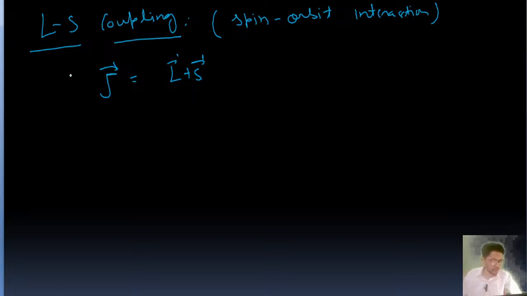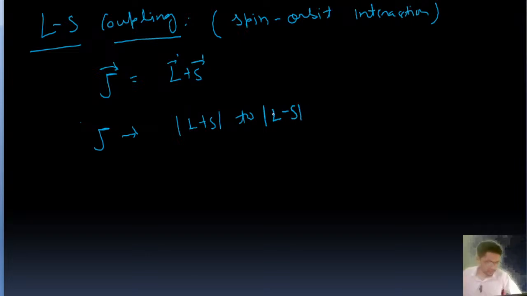The values of J are going to be from mod of L plus S to mod of L minus S.